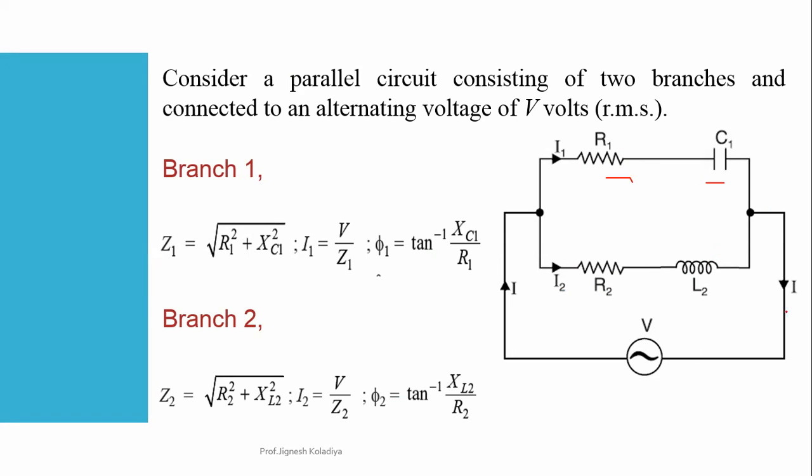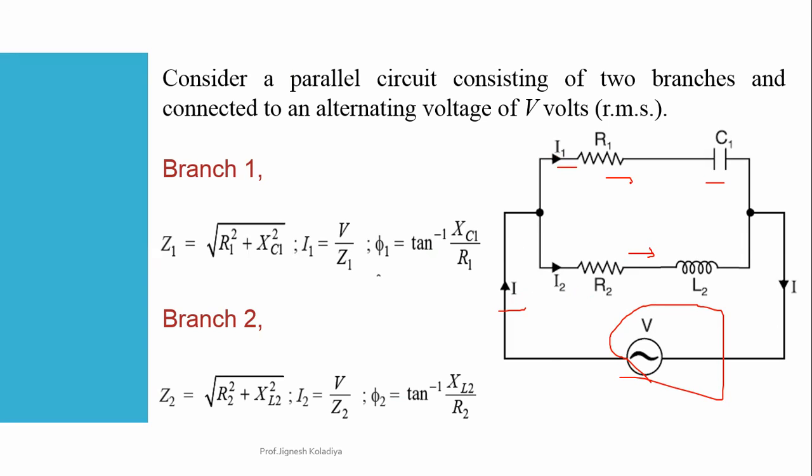Then I'm going to supply the alternating voltage V, and due to this, current I is flowing. Out of total current I, I1 current is passing through branch number 1 and I2 current is passing through branch number 2.